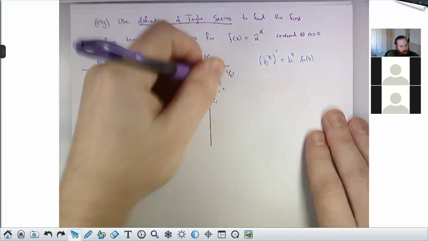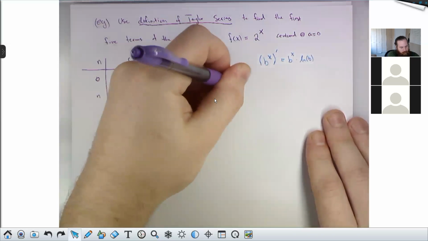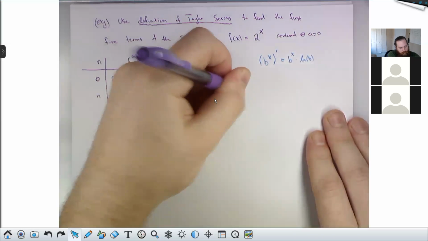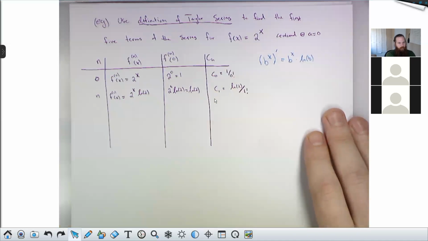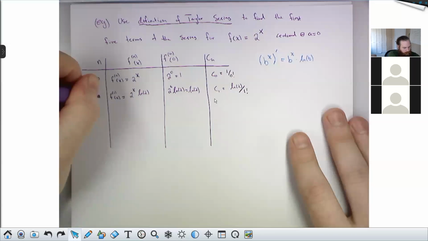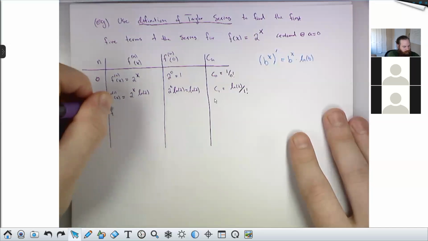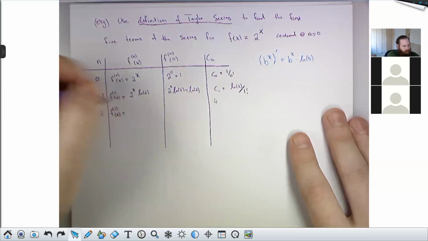So C1 is the natural log of 2 divided by 1 factorial. Oh, sorry, this was n equals 1. If n is equal to 2, if I differentiate again, the second derivative, this ln 2 just comes along for the ride.